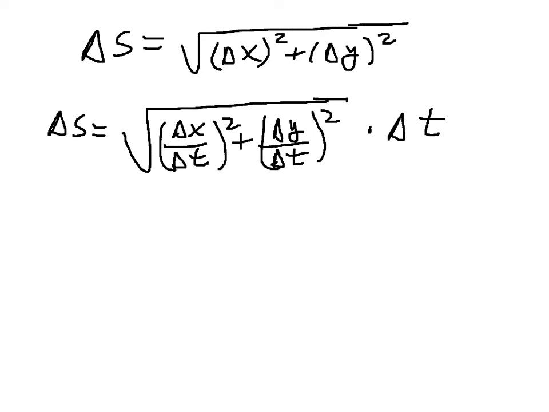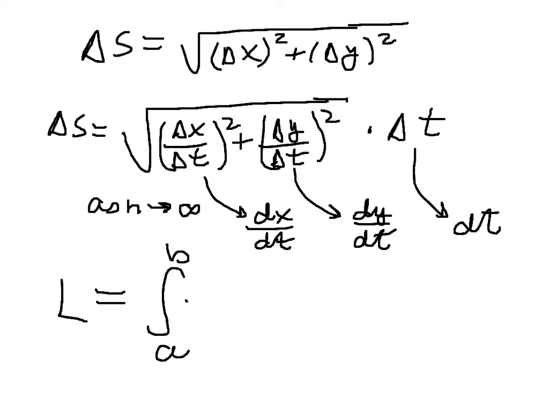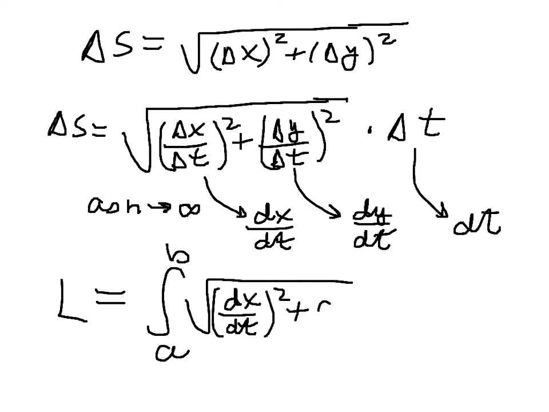Now, as n goes to infinity, this is going to go to dx dt, and this is going to go to dy dt, and this is going to go to dt, and so we get the formula that the length is equal to the integral from the beginning point to the end point of the square root of dx dt squared plus dy dt squared dt.